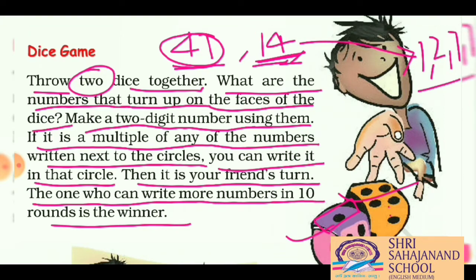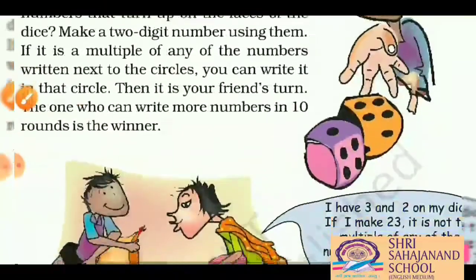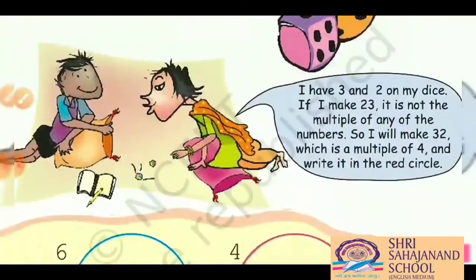So 14 is the multiple of 1, 2 and 7. We noted. Now in this way you can give the second turn to your friend, and at last whoever writes more multiples will be the winner.